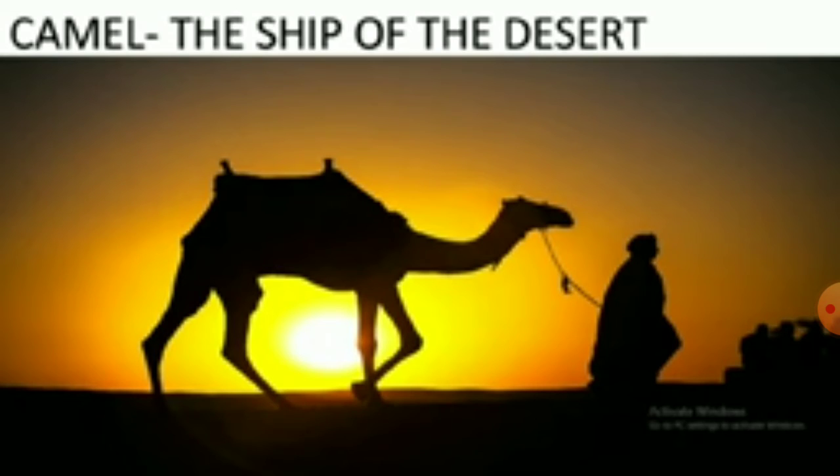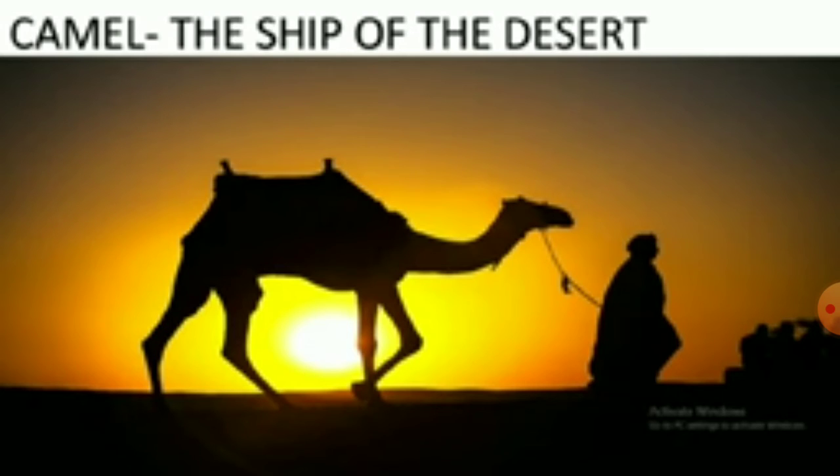Camel. The camel is an important animal in the desert regions. It is called the ship of the desert. For transportation in the desert region, the camel is most useful. Camels are commonly used for transportation because they can walk easily on the sand.